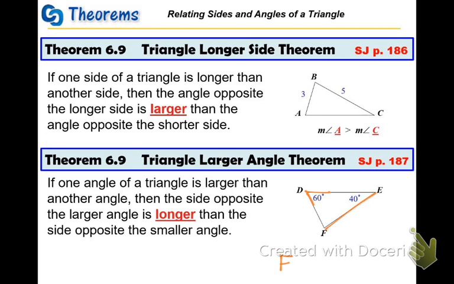FE. So FE will be greater than the side across from 40. What side is across from 40? DF. So it'll be larger than DF. And it'll pop up. That's the whole theorem. We flip. Cool.